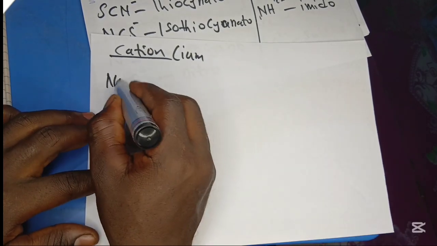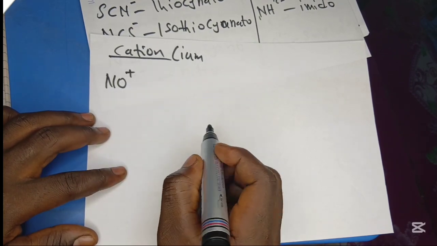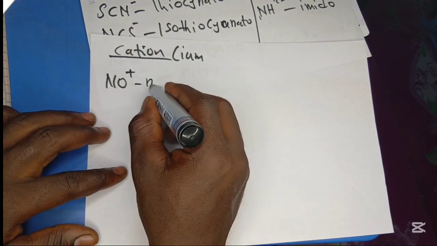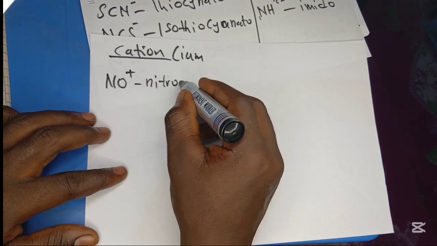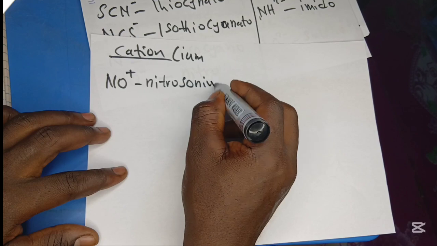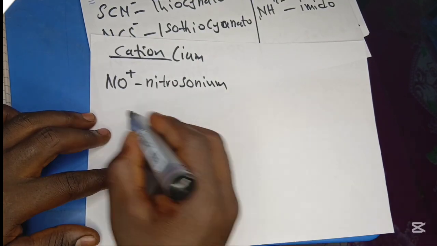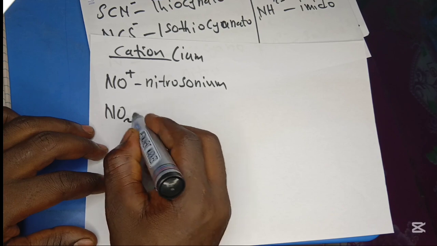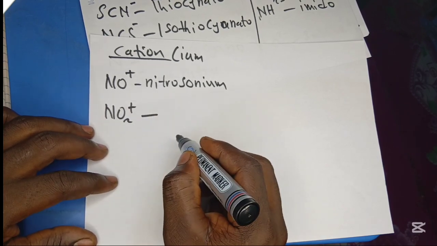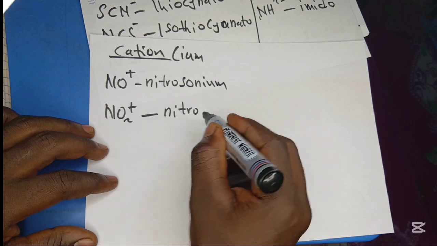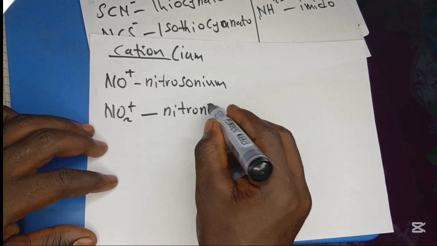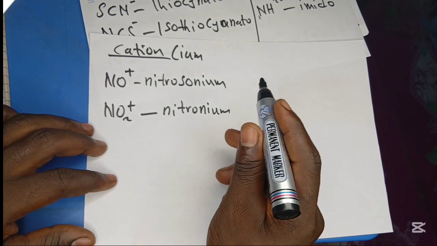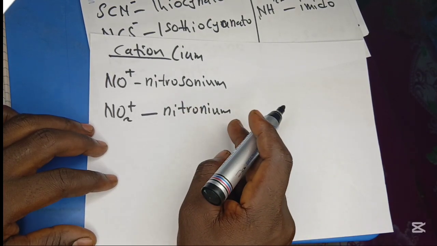We can have NO+, which is called nitrosonium, and NO2+, which is called nitronium. Notice the difference very well: this is nitrosonium, this is nitronium.